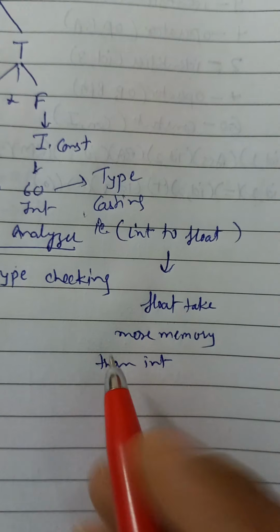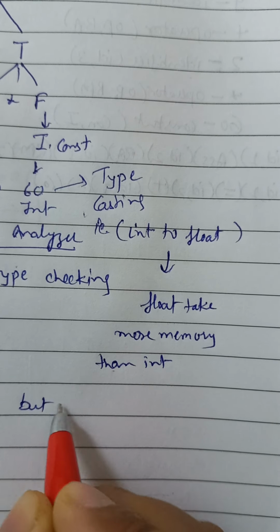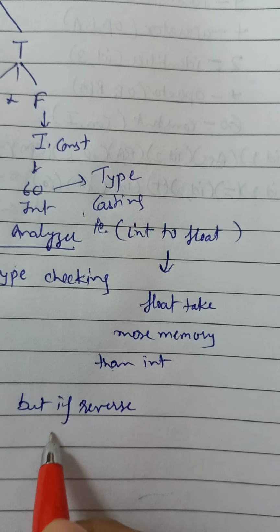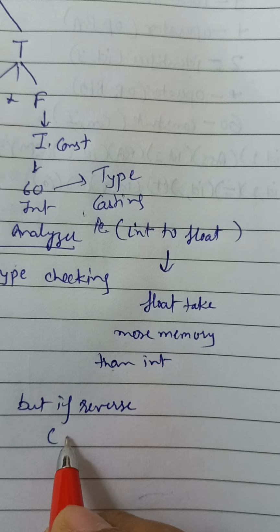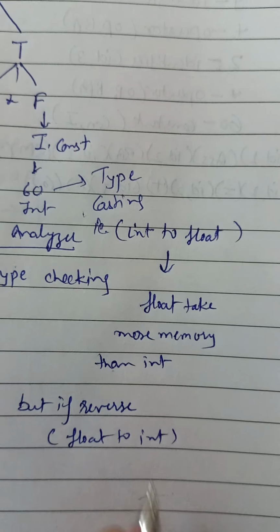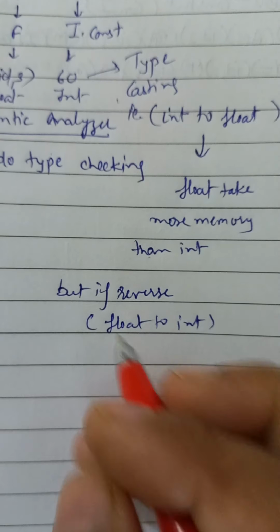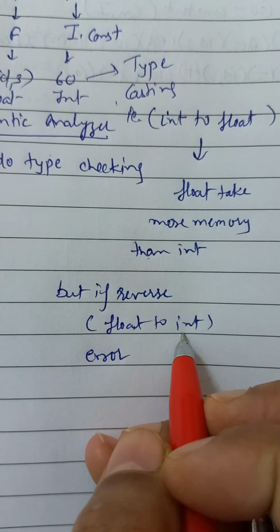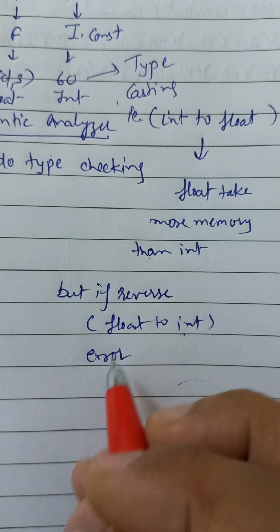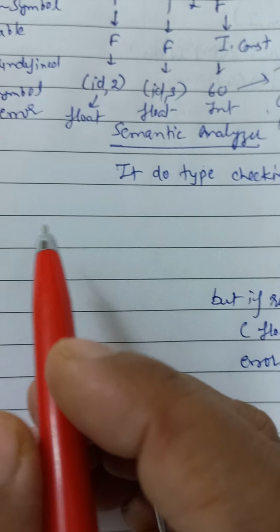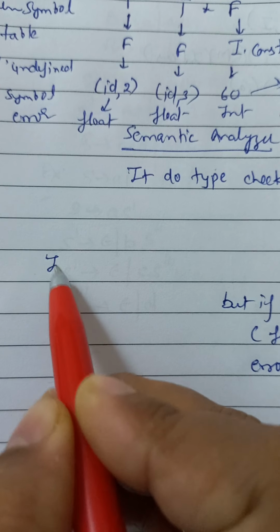But if it is reversed, suppose we are doing float to integer, then an error occurs, because float takes more memory than integer. So there are two types of typecasting: implicit and explicit.